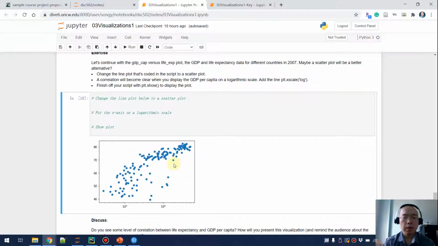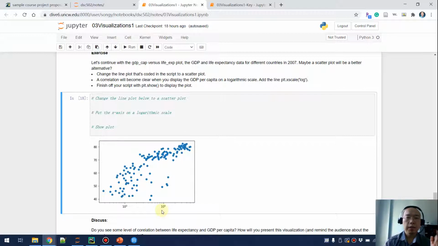The goal is, instead of squeezing all the less wealthy countries in the left corner, we apply the log scale on the x-axis so we can distribute the samples a little bit better. As you can see, we have x to the power 3 and x to the power 4.